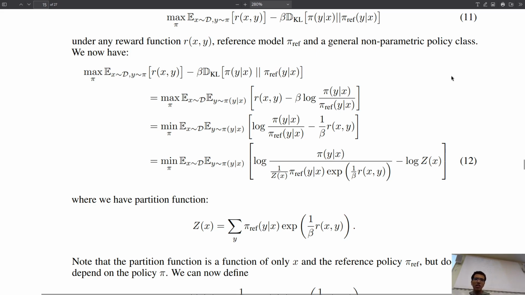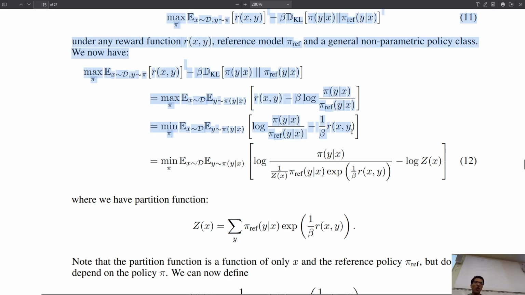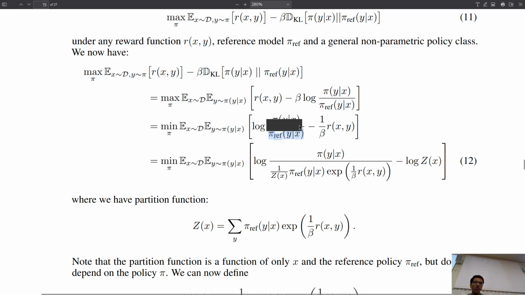We have this same thing that we started from over here. We do reward minus the KL divergence. This is the default that we have. We make the maximum minimum, so that's just swapping the reward function with the KL divergence. And then we say the pi ref, which in this case is the supervised fine-tuned model, and pi y given x, which is the model that we are trying to create, divided by pi ref, which is the definition of the KL divergence, can be re-represented by pi sub theta y given x divided by 1 over the partition function.